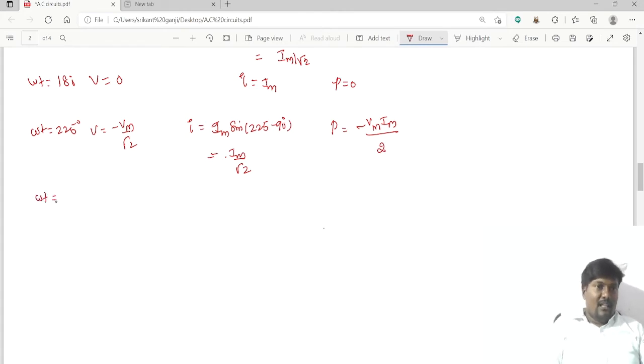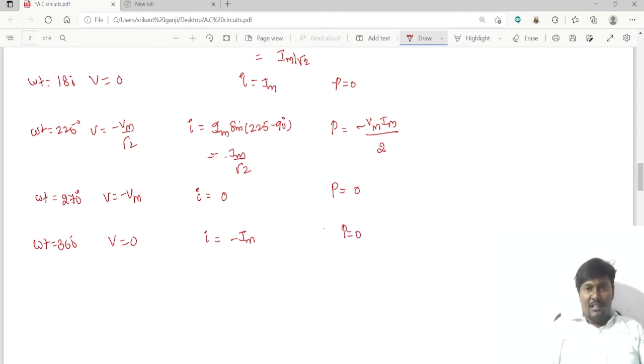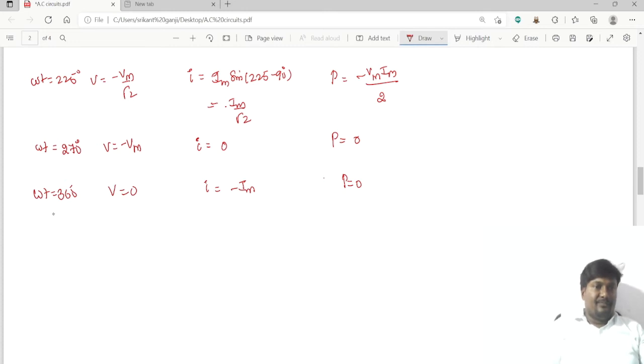At omega t equal to 270 degrees, V is equal to minus V maximum, but I is equal to 0, and the instantaneous power is 0. At omega t equal to 360 degrees, V is equal to 0, and the I value is minus I maximum, because 360 minus 90 is 270, and the instantaneous power is 0.